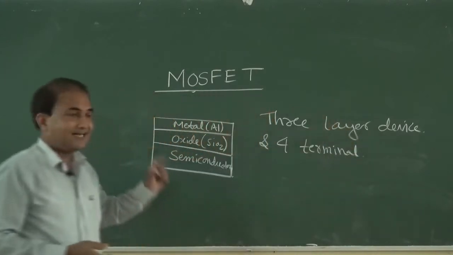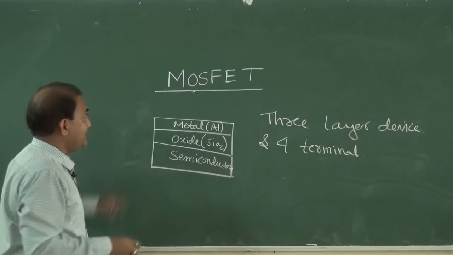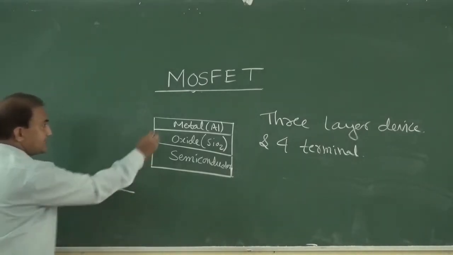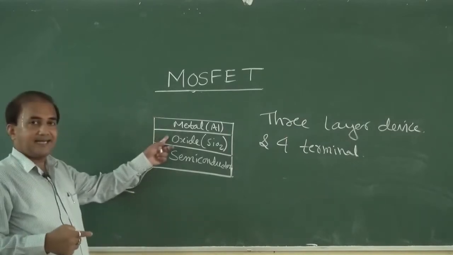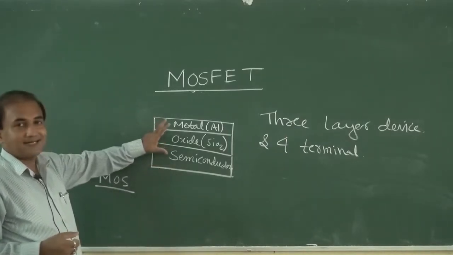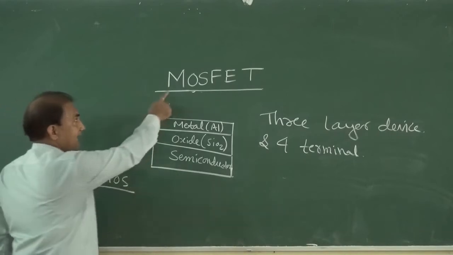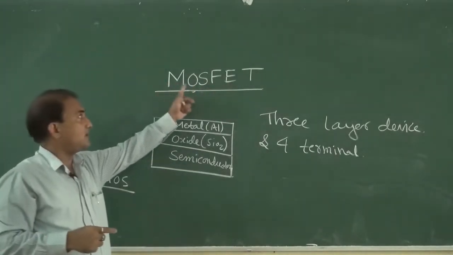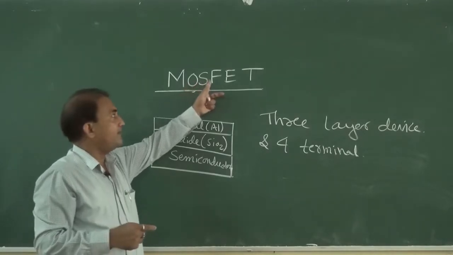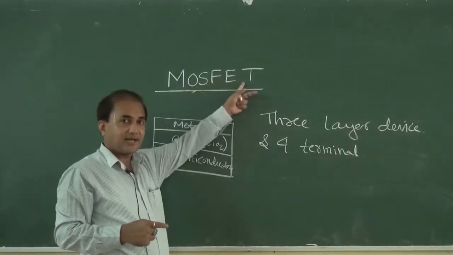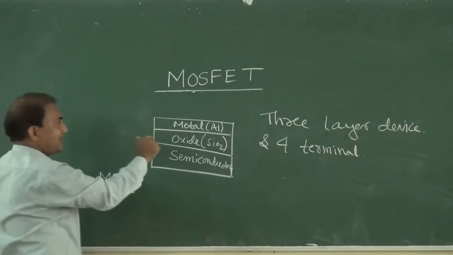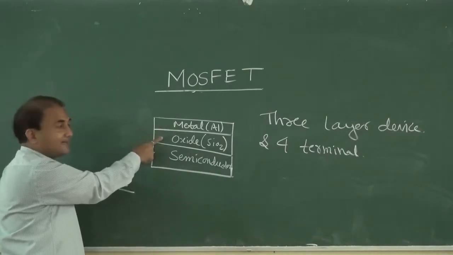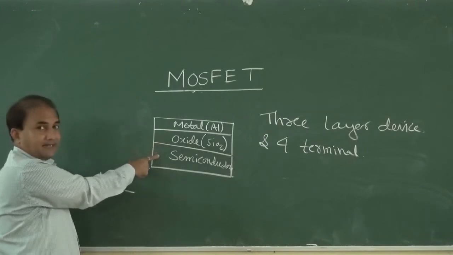The 3 layers are MOS, that is metal, oxide, semiconductor. MOSFET stands for metal oxide semiconductor field effect transistor. The first layer is the metal layer, the second layer is the oxide layer, and the third layer is the semiconductor.